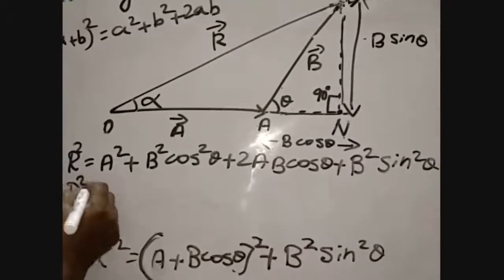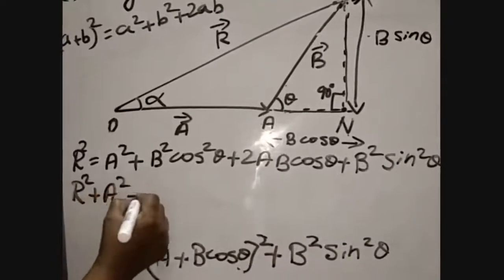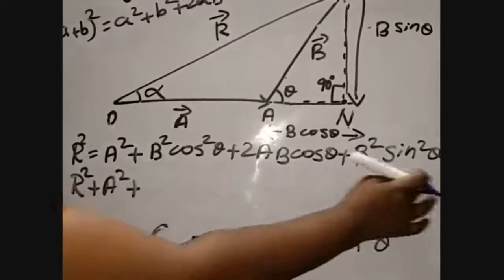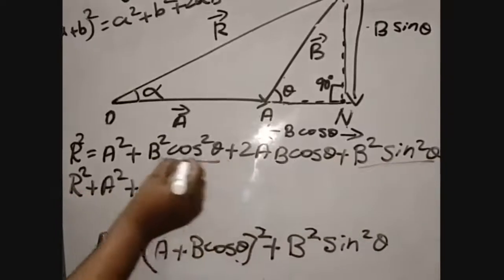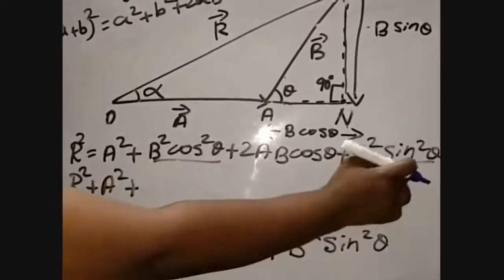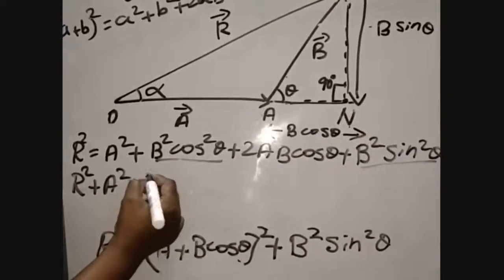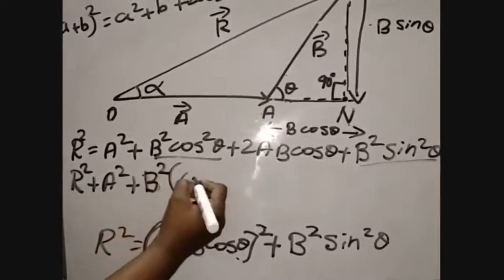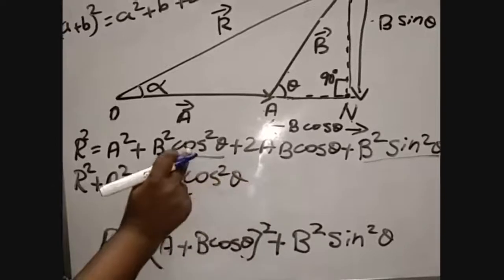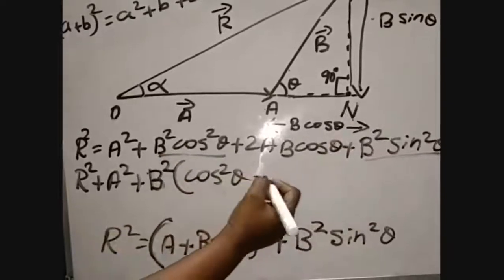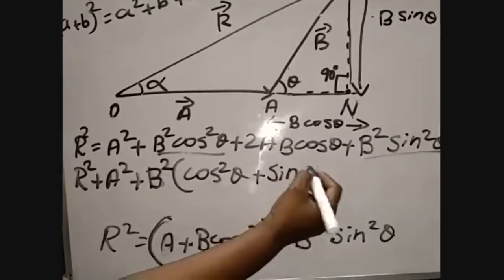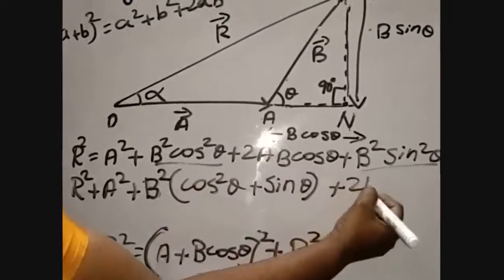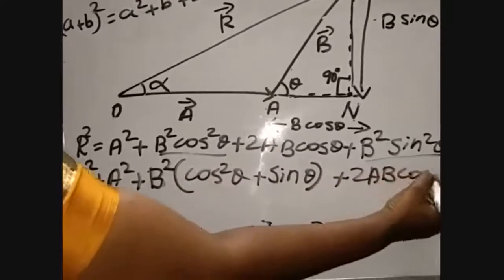Now R squared equals A square plus, here we have B square cos square theta and B square sin square theta. We are going to join these two terms into one. So take the common term B square outside: B square into cos square theta plus sin square theta, plus this value 2AB cos theta.